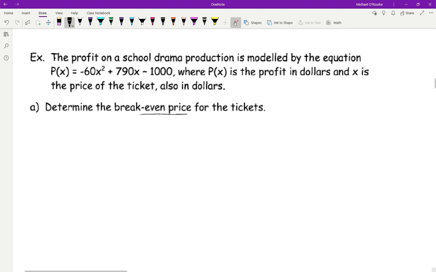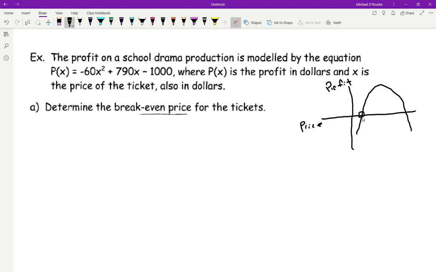So if you think about this logically, before we do the math of it, let's understand what it's asking, right? This is ticket price, and up here would be profit, okay? So the graph is going to look something like this, right? So if I sell my tickets for too small an amount, I'm not going to make any money, right?